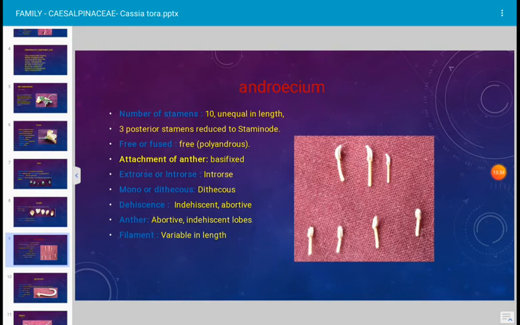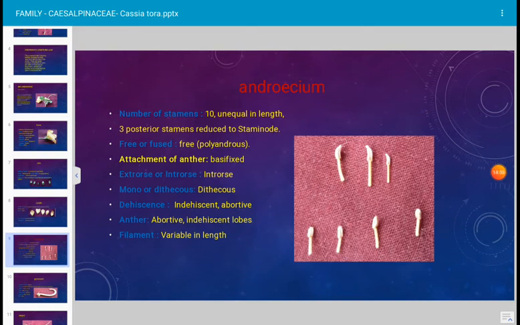How is the attachment of the anther to the filament? The filament is the stalk of the stamen, and the anther is the pollen-grain-producing part of the stamen. The anther is attached to the filament by its basal region. Hence the attachment of the anther is basifixed; taxonomically it is described as basifixed anther.